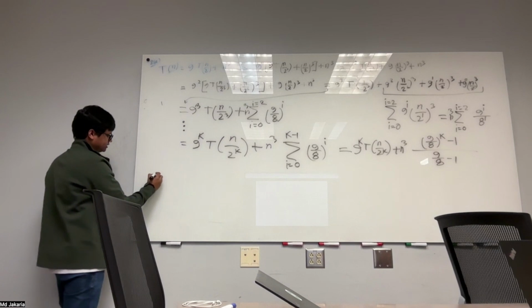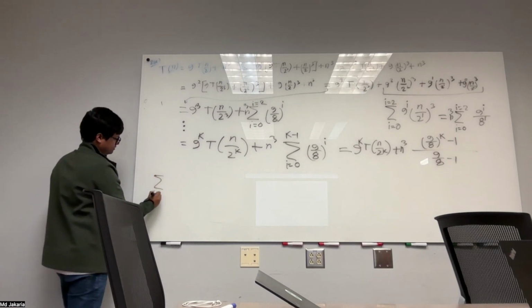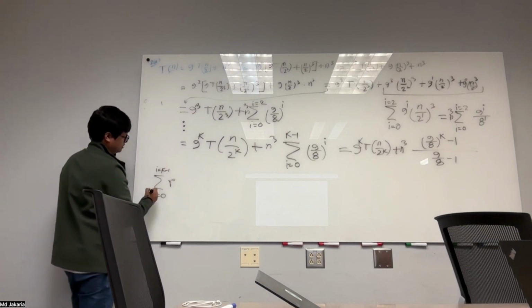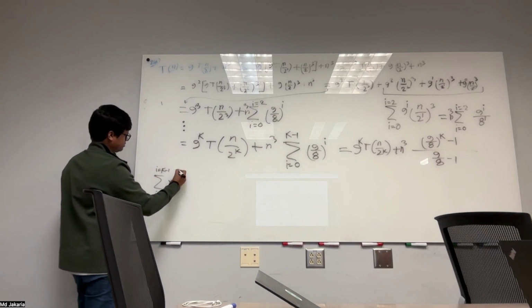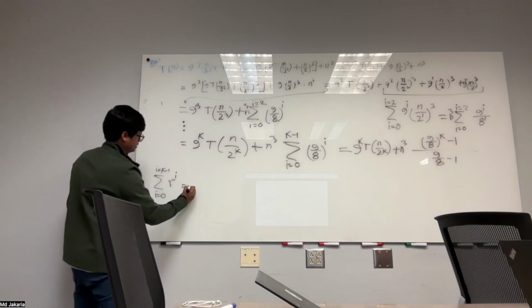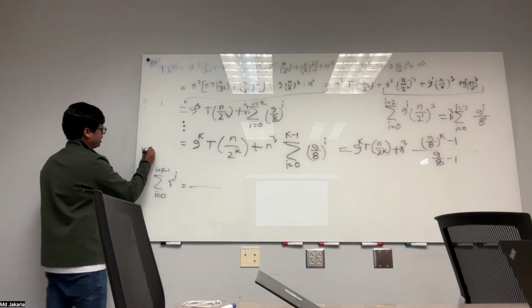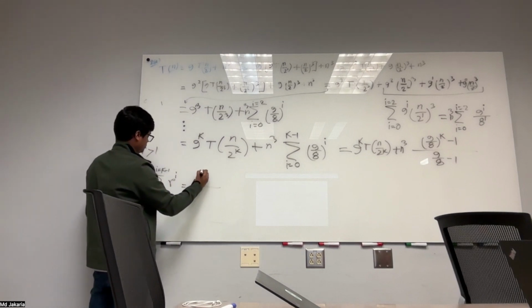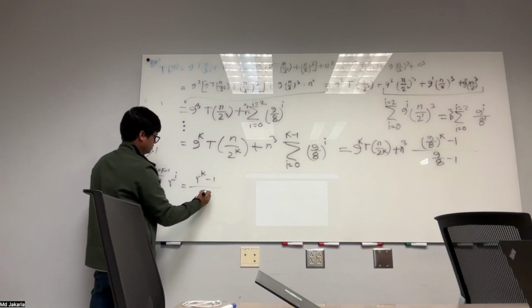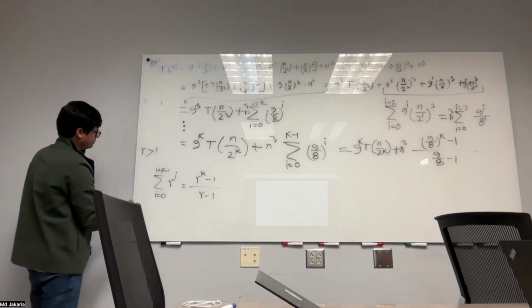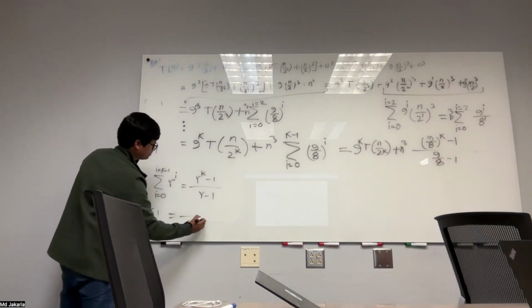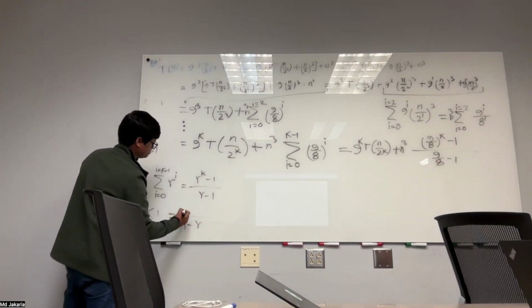So the formula is like this. So this is the ratio. If R is greater than 1, then it will be R power k minus 1 over R minus 1. If R were less than 1, then it would look like this.